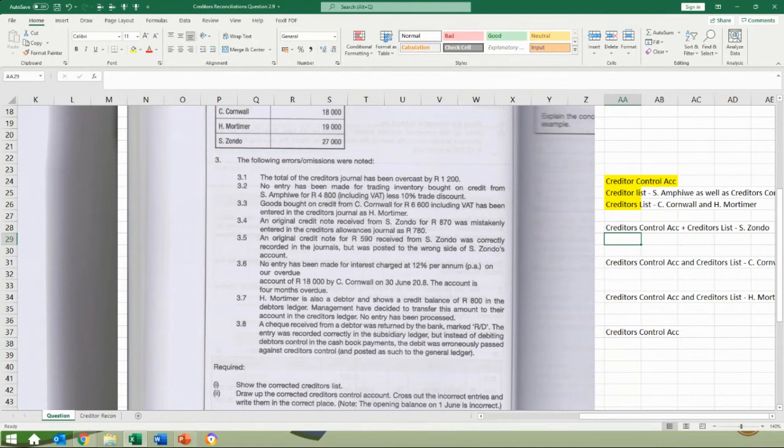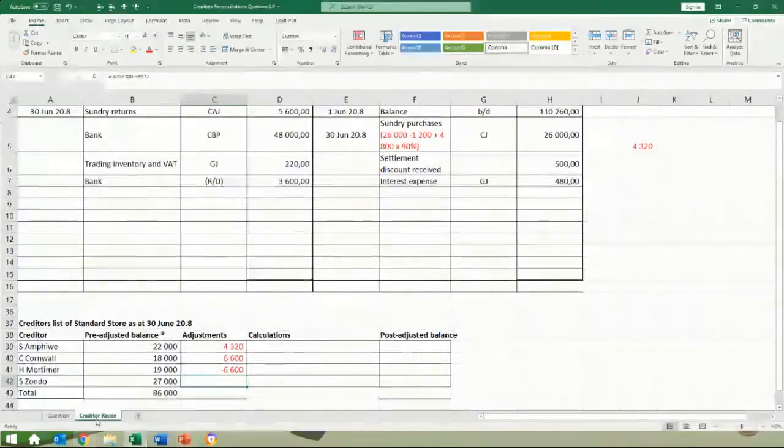Okay, so Bernice, just check your calculation again. It is supposed to be 90. So I think you put in 890 instead of 870. Okay, so it's a 90 Rand difference.